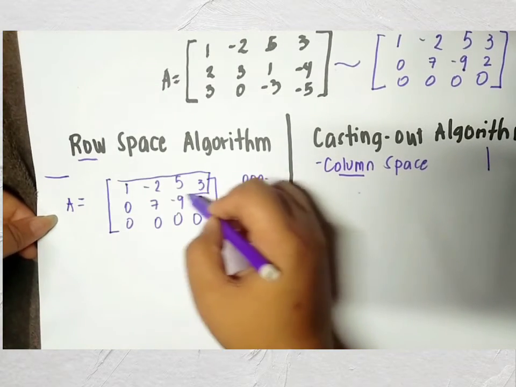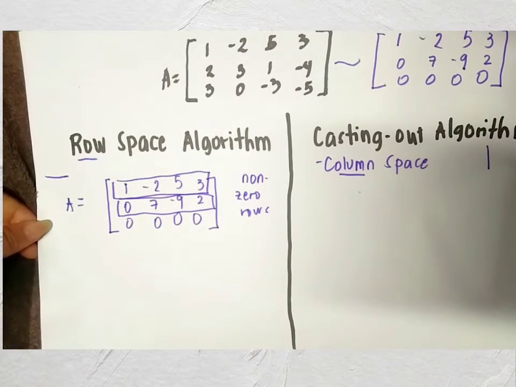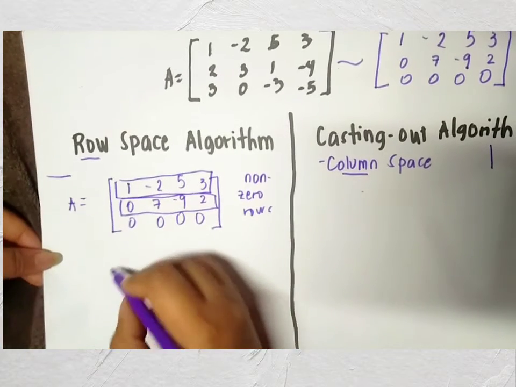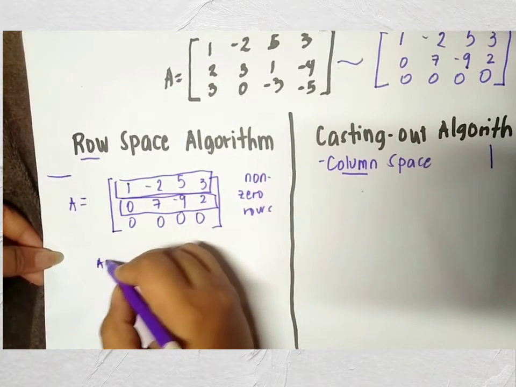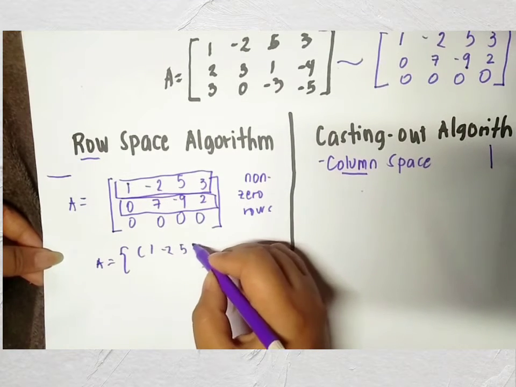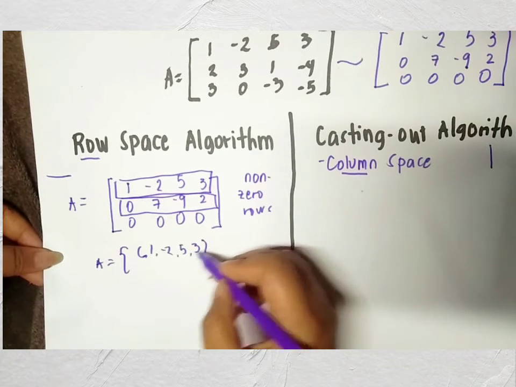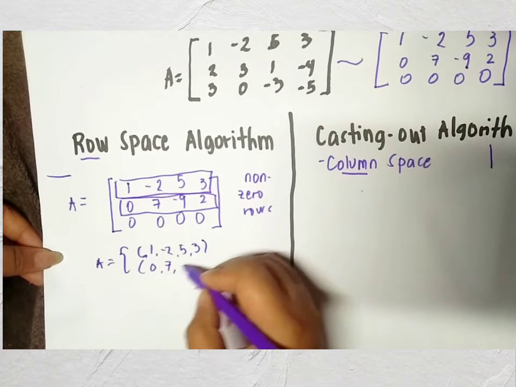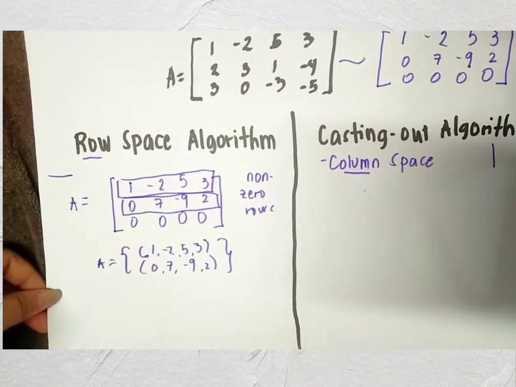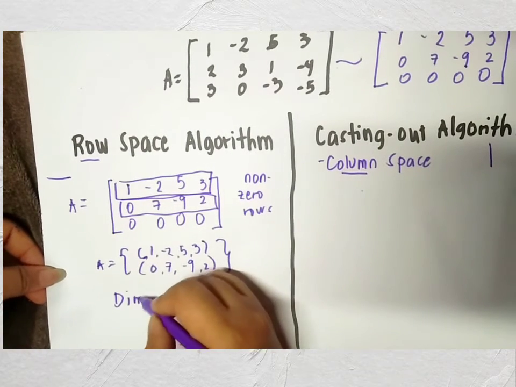This is the first row, and this is the second row, which are the non-zero rows. So our basis is 1, negative 2, 5, 3 and 0, 7, negative 9, 2. That is our basis, and because we have two basis vectors, it means we have 2 dimensions.